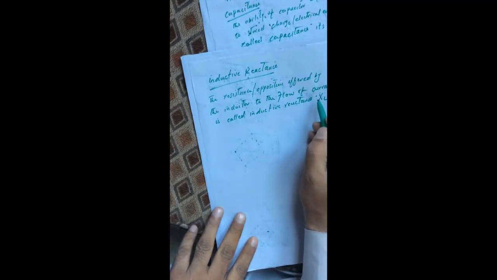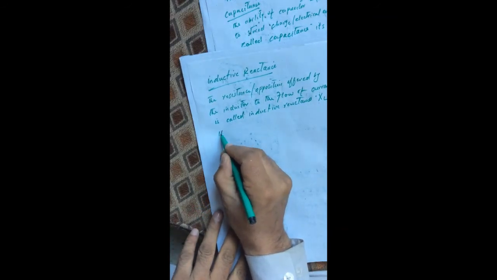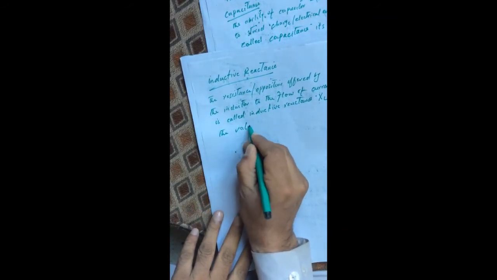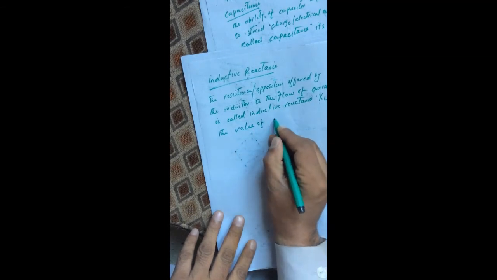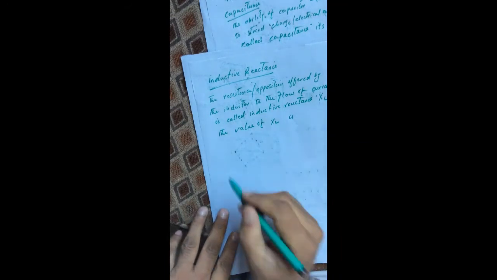It is represented by this symbol XL: L for the inductance, and X for the reactance. I'm not going into the detail of the derivation of the formula; just read your second year physics books, you might find this formula.